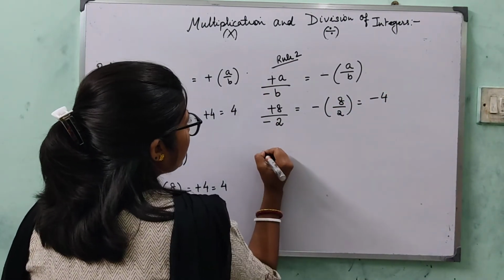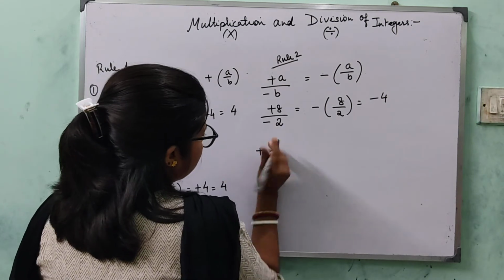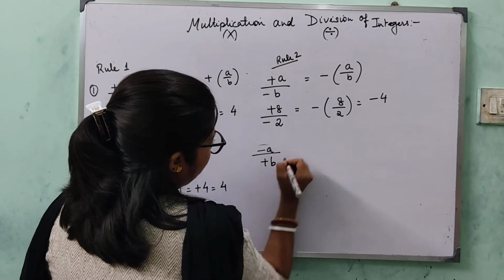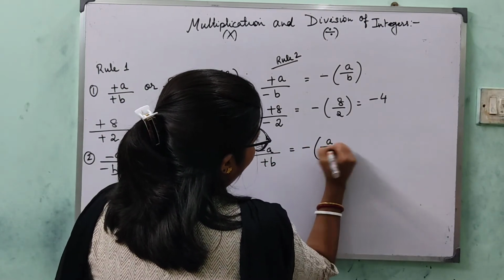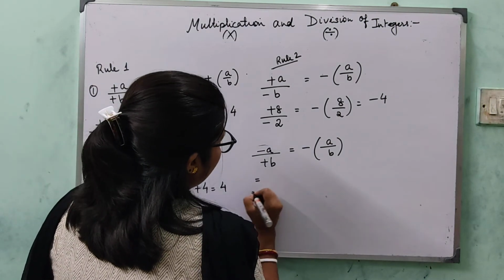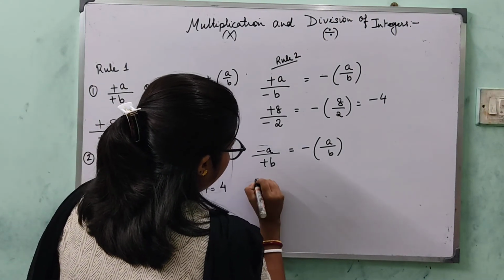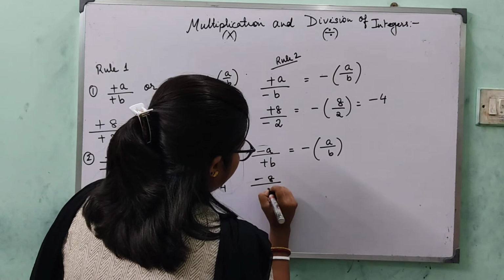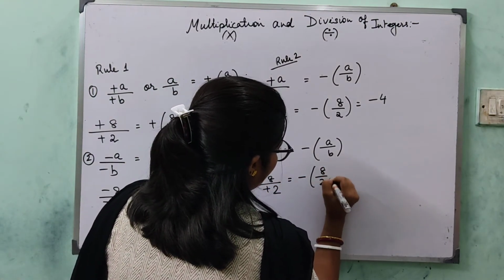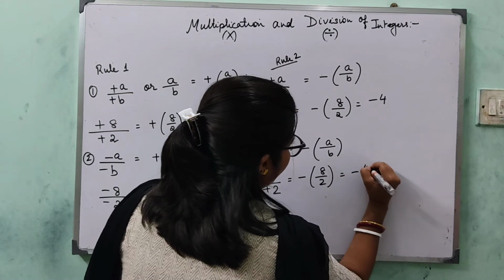Or if you have a minus a divided by a positive b, that will also have a minus sign. Let's take minus 8 divided by plus 2, that is equal to minus 8 by 2, that is minus 4.